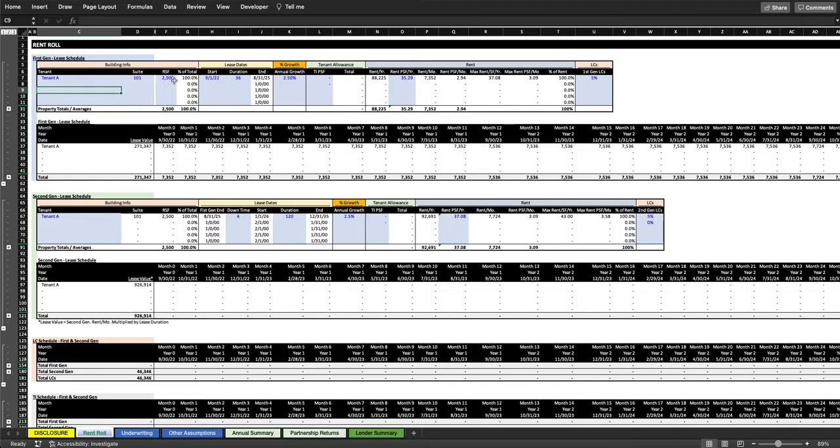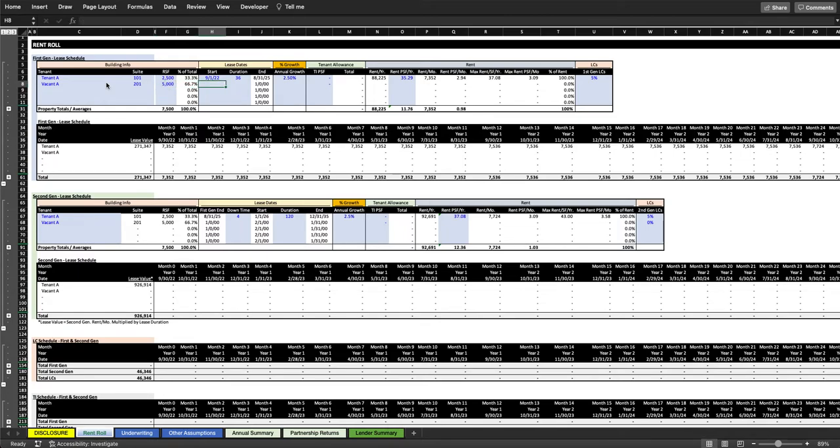So currently we have that there's 2,500 square feet for this first tenant. So the whole building is 2,500. If you have leases that aren't yet populated or don't have tenants, you could say vacant A, this is 201, let's say suite 201. Let's say this one is 5,000 square feet.